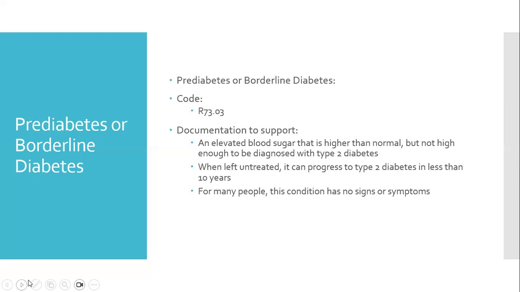So this could be in patients that are not showing active signs or symptoms. You can have an increased blood sugar and not be having any signs or symptoms. And the only way that you or your provider would know is if a blood glucose reading is done or an A1C is done.